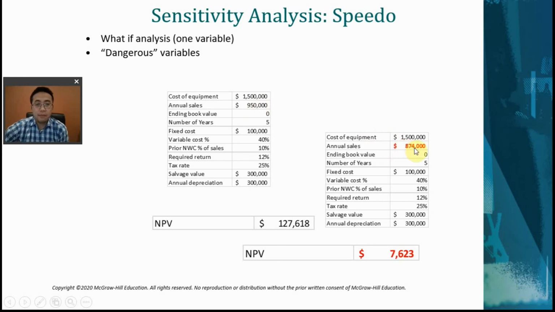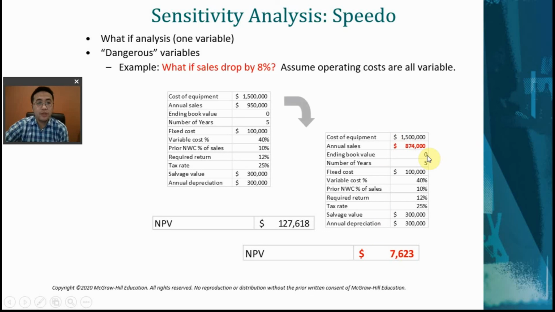If it reduced by 8%, this would be your new level of sales, and then you're going to find the NPV based on all the calculations. That's going to be your new NPV under new sales. So if the sales drop by 8%, then your NPV would drop as well.